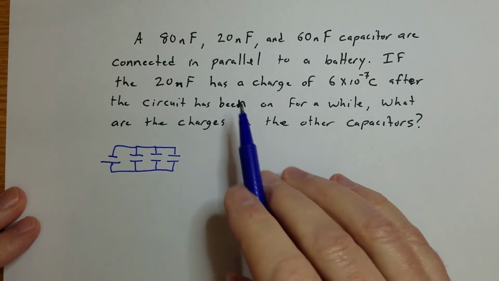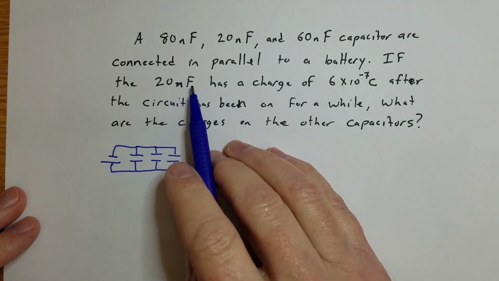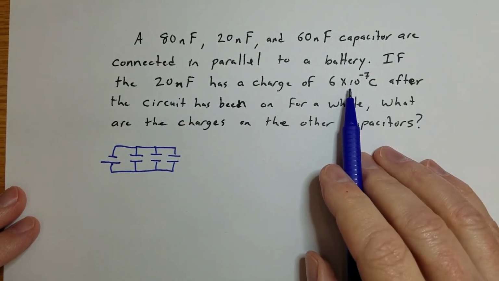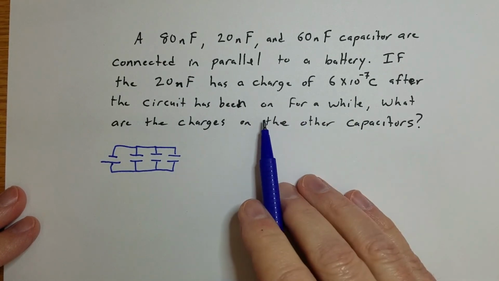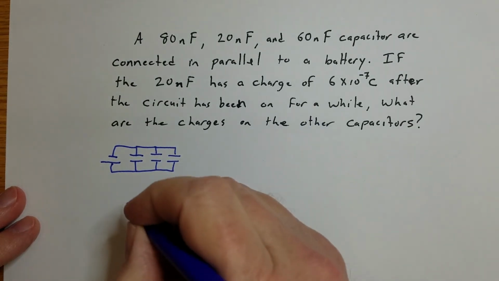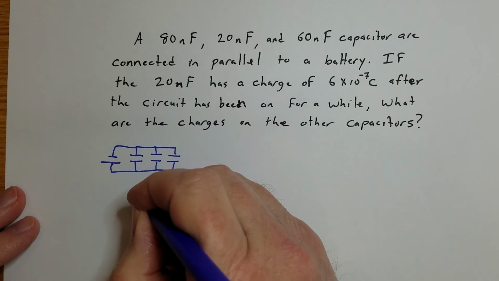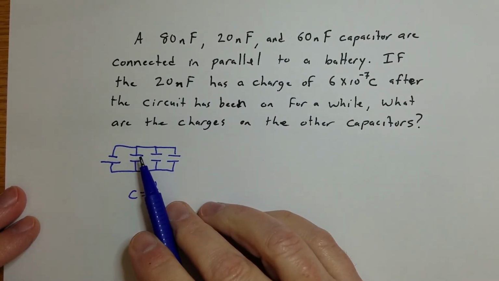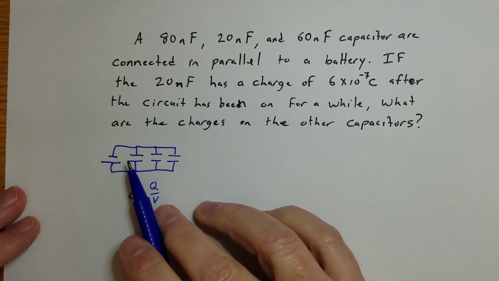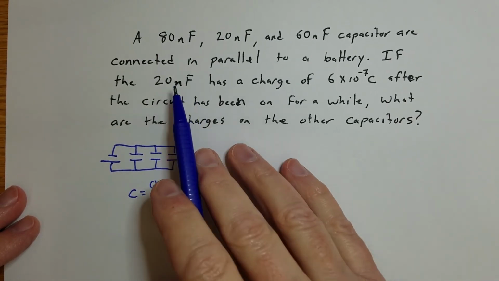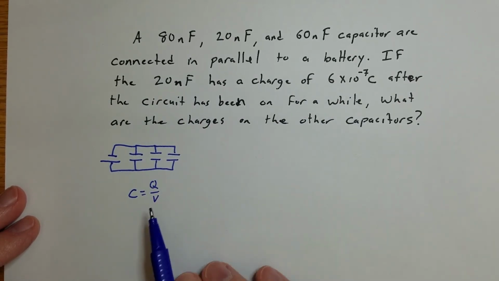We know that on the 20 nanofarad capacitor, we have a charge of this much, but I want to know the charge on all the others. So let's see if we can work on that. So we do know that C equals Q over V. We know this is in parallel, so the voltage on each one is the same. If we knew what that voltage was, but since we know the capacitance and the charge, we can figure out the voltage.